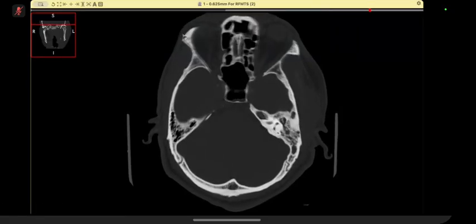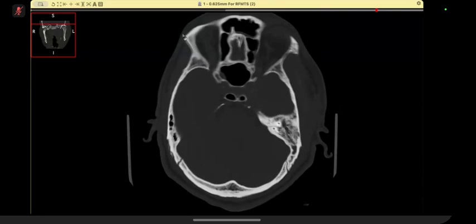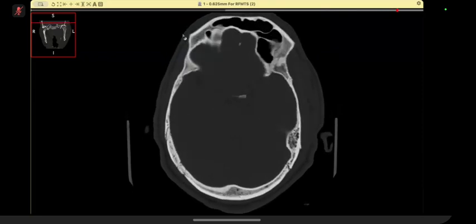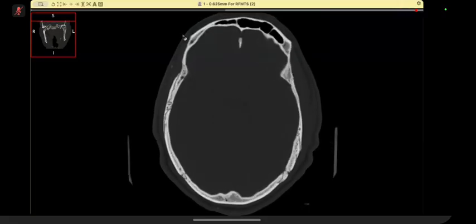I can see the ossicles on the left temporal bone, so the inflammatory or infective process has not eroded into the middle ear.